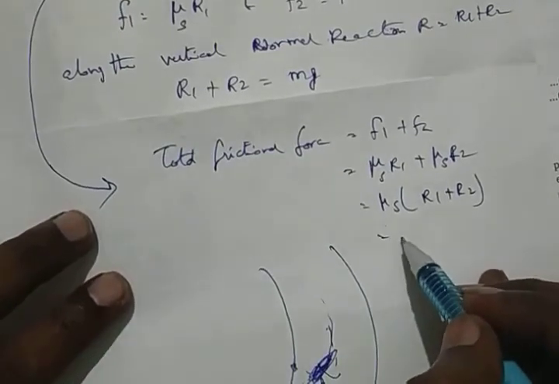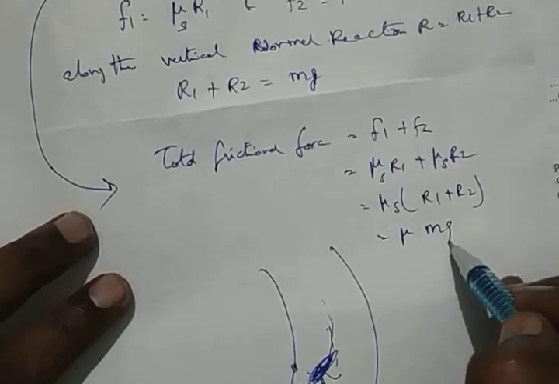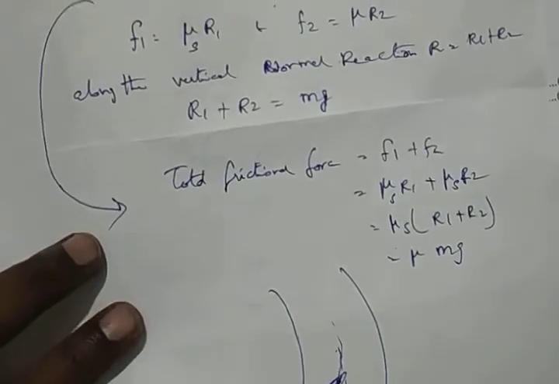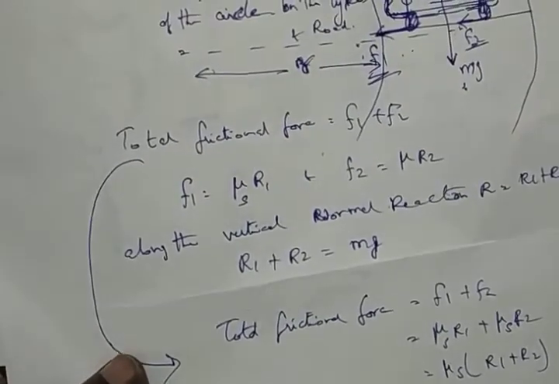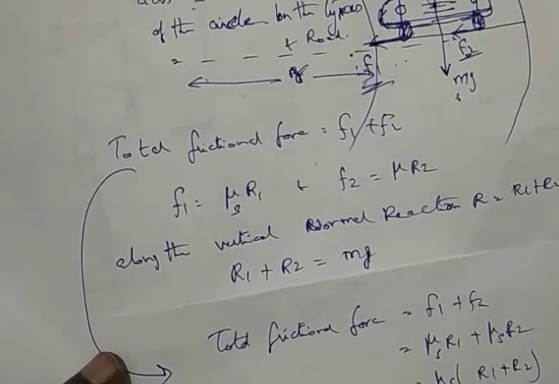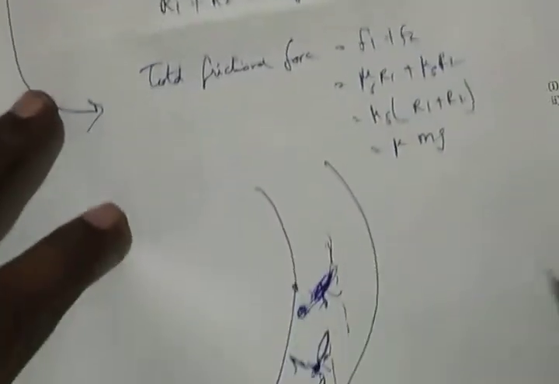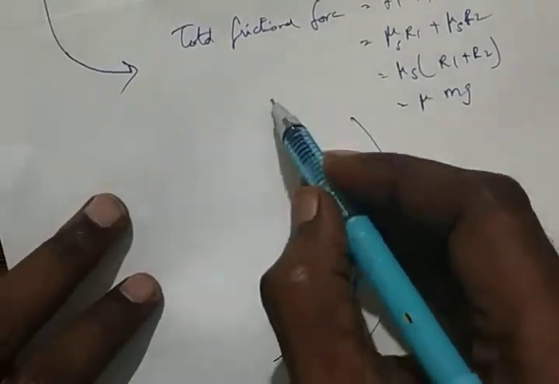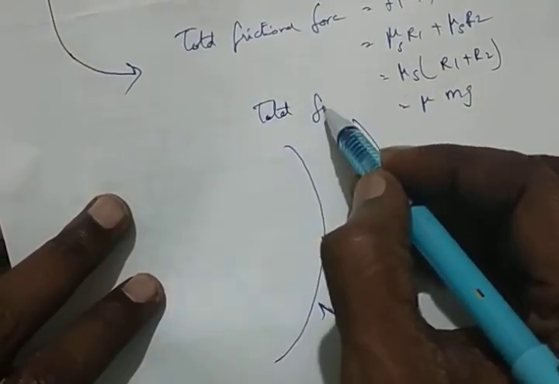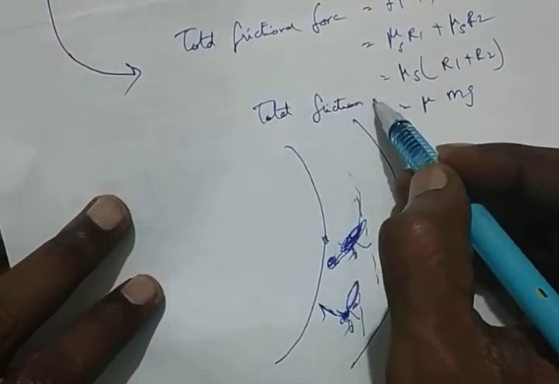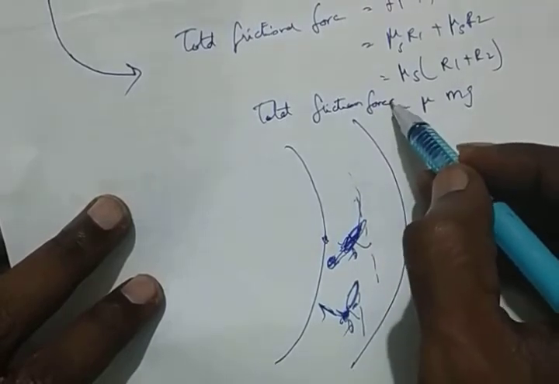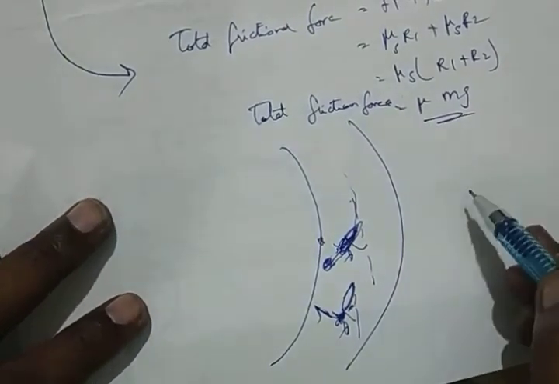So what is R1 plus R2? It is mg itself. So that's what you get here. So the total frictional force is mu times mg.